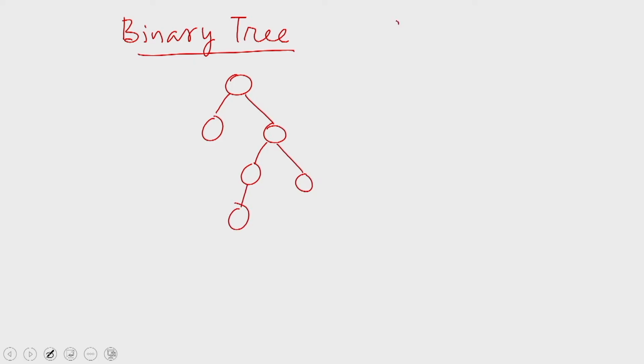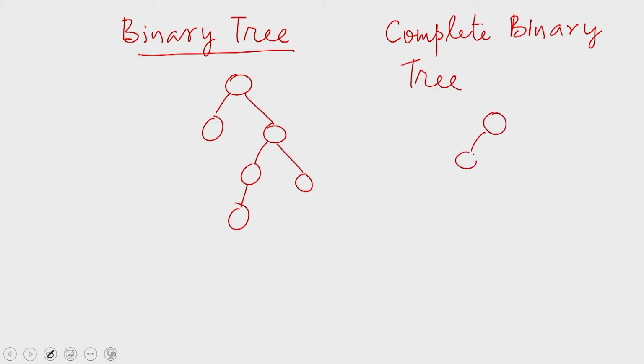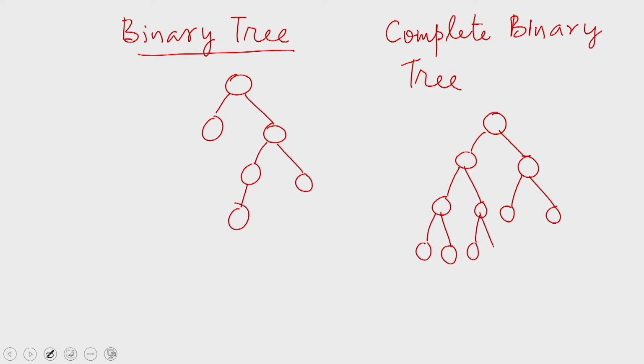In particular, a complete binary tree is like this. In this, every level of the tree is full except possibly the last one.